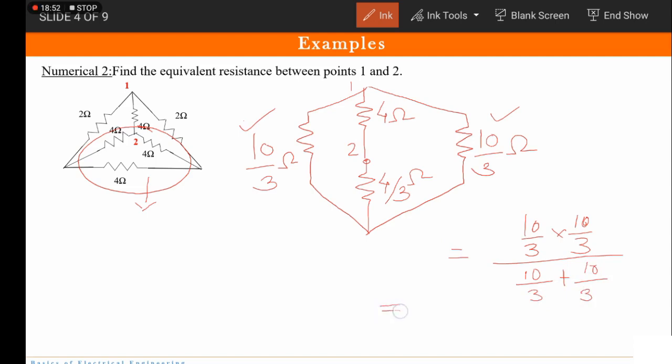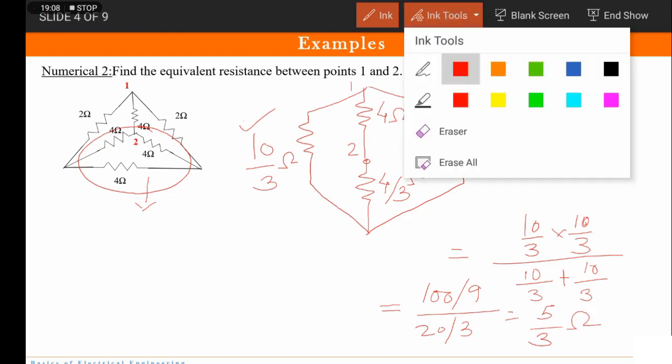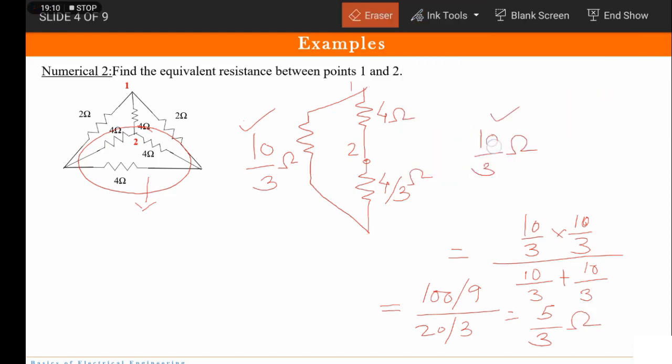So that makes it 100 by 9 upon 20 by 3. So that comes out to be 5 by 3 ohms. Okay, so my new circuit would be this. Fine. And this resistance is of the value 5 by 3 ohms.